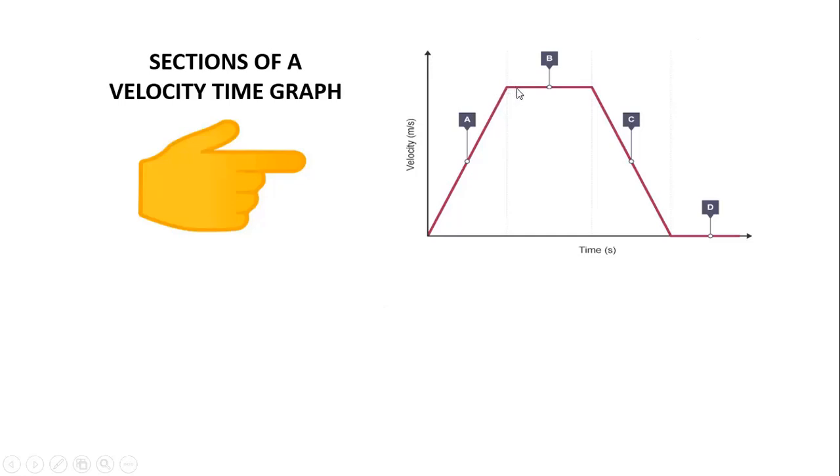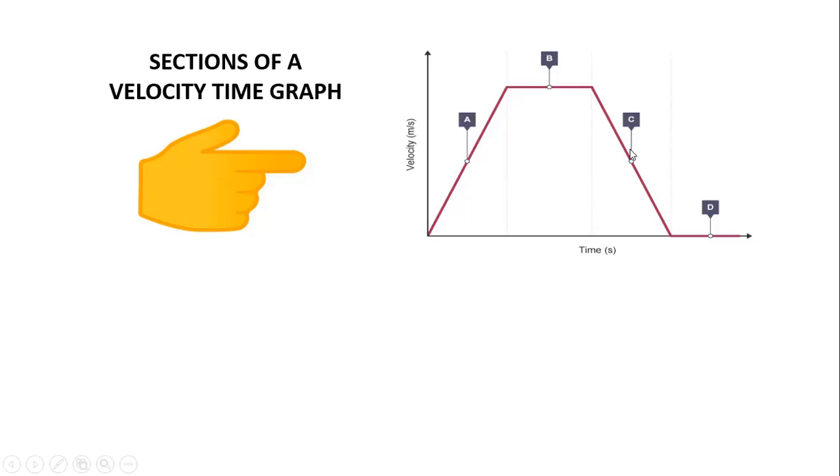Then we have a flat section, which simply means constant velocity, which translates into zero acceleration. Then we also have a diagonal-like line facing downwards to the right. This is called negative acceleration, or retardation. This simply means that the velocity is decreasing.